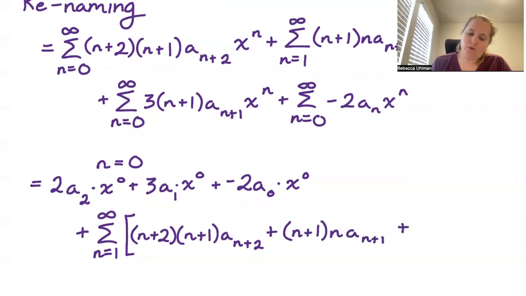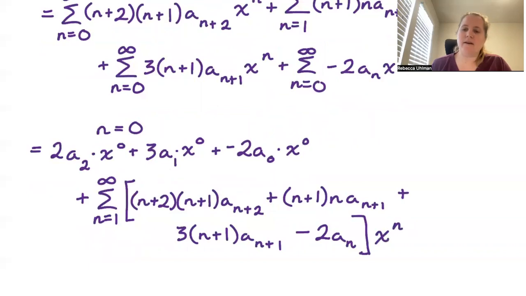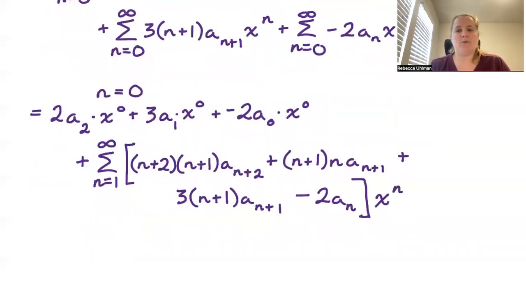Then we have plus 3 times n plus 1 times a sub n plus 1. And then finally, -2 times a sub n. All of those combined should be the coefficient for x to the n. And then, of course, we could do more simplifying beyond that because we do have a sub n plus 1s in there. But for the moment, we'll just leave it like this.